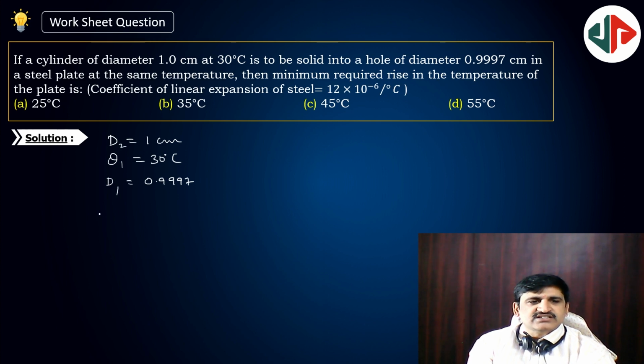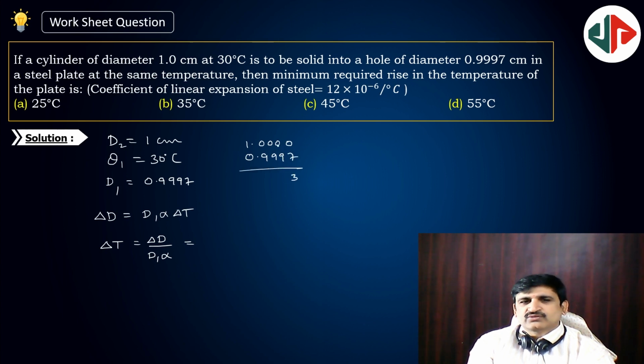So the change in diameter, delta D, is equal to D1 alpha delta T. So delta T is equal to delta D by D1 alpha. Delta D value is 1 minus 0.9997, that is equal to 3 into 10 to the power of minus 4, divided by D1, 0.9997, you can take 1 only, into alpha value, alpha 12 into 10 to the power of minus 6.